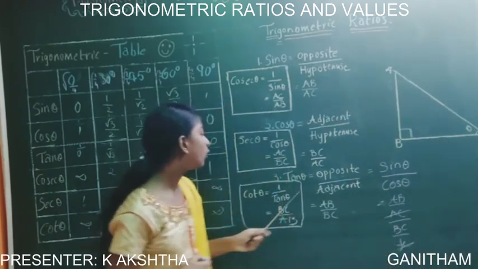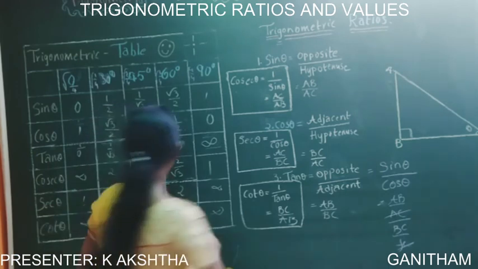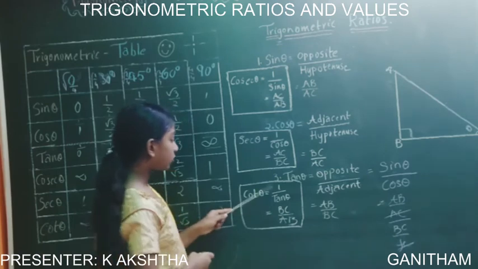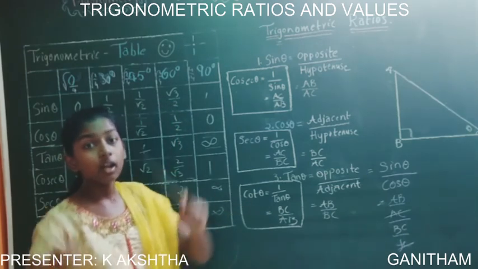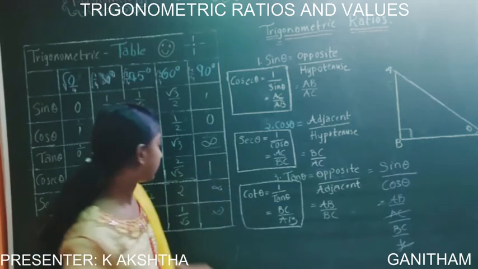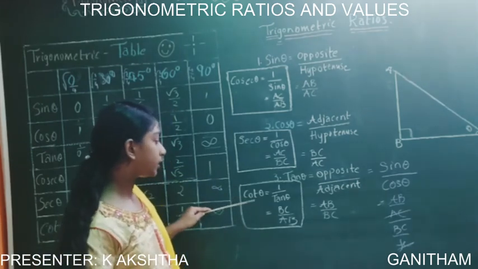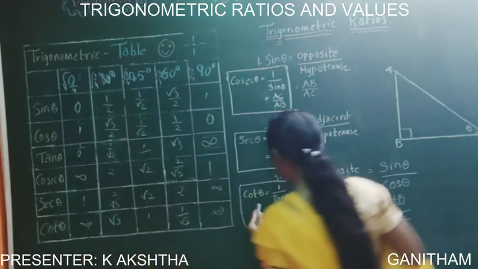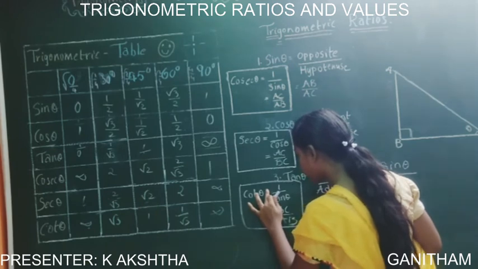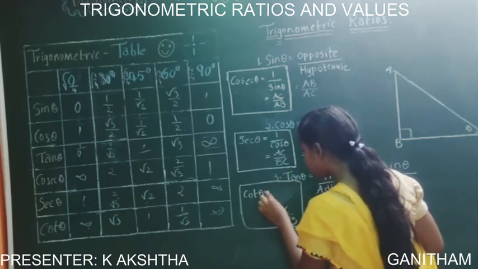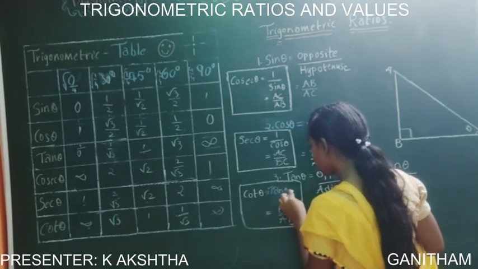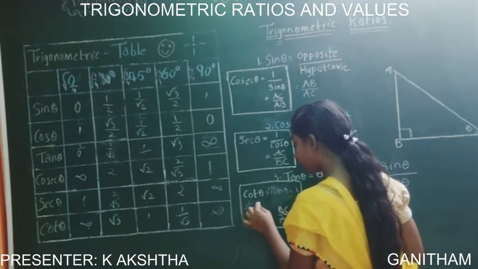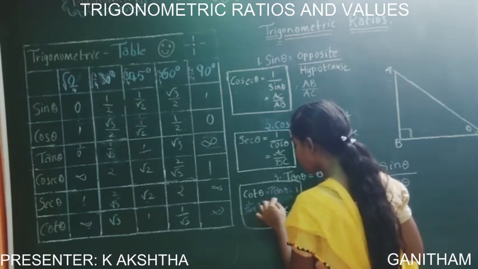Okay guys, now what was cot theta? Here we already got it: 1 by tan theta is equal to cot theta. Cot theta into tan theta is equal to what? Because cot theta is equal to 1 by tan theta, if you multiply cot theta into tan theta, it is 1 by tan theta into tan theta, which is equal to 1.